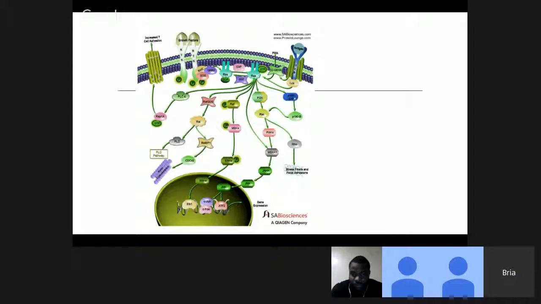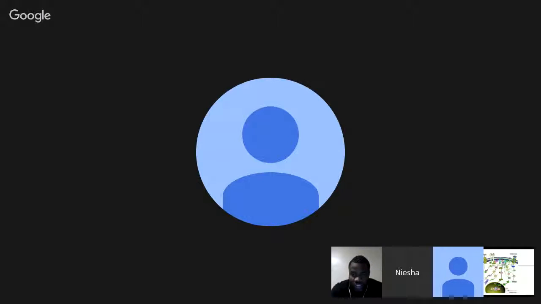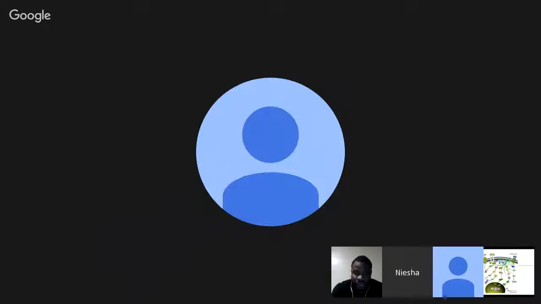Coming down the middle, you can see PI3K activating RAC, which activates PAK, going on to activate MEK and activating JNK. And then branching off on the right side, you can see RAC also activating RHO, which leads to the formation of stress fibers and focal adhesions.